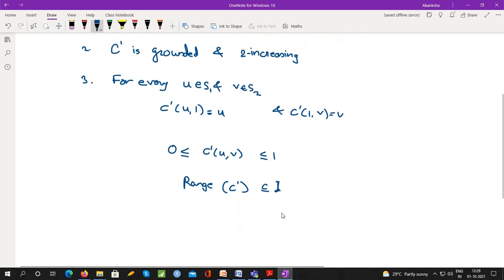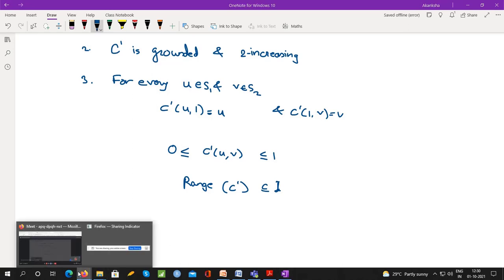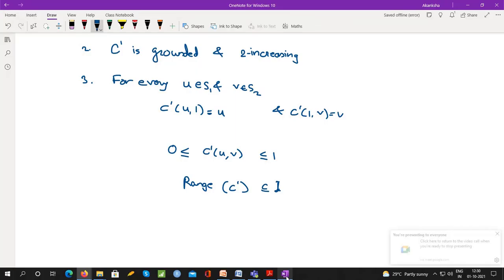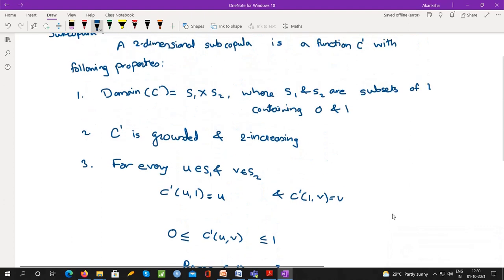Okay, what is meant by C prime being grounded? What is the definition of groundedness? Ma'am, if either of the elements is the smallest element, then the result is 0. Correct.